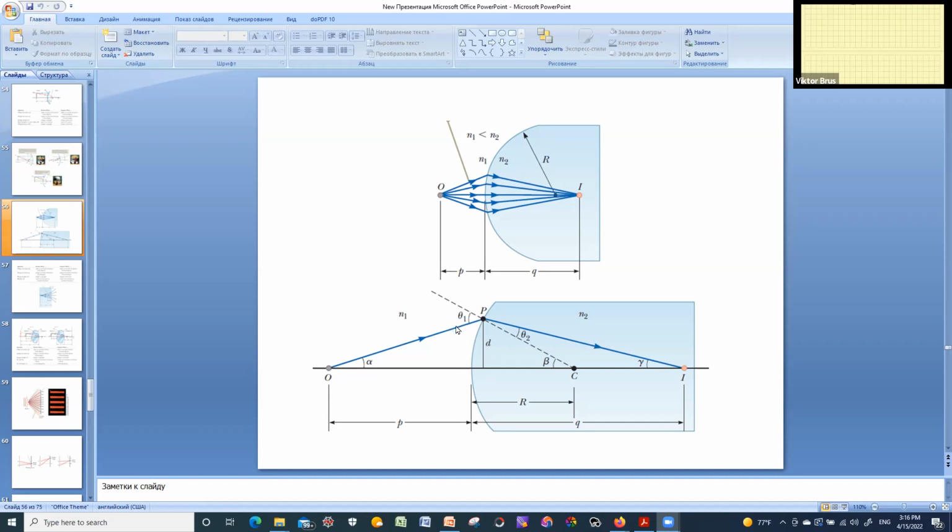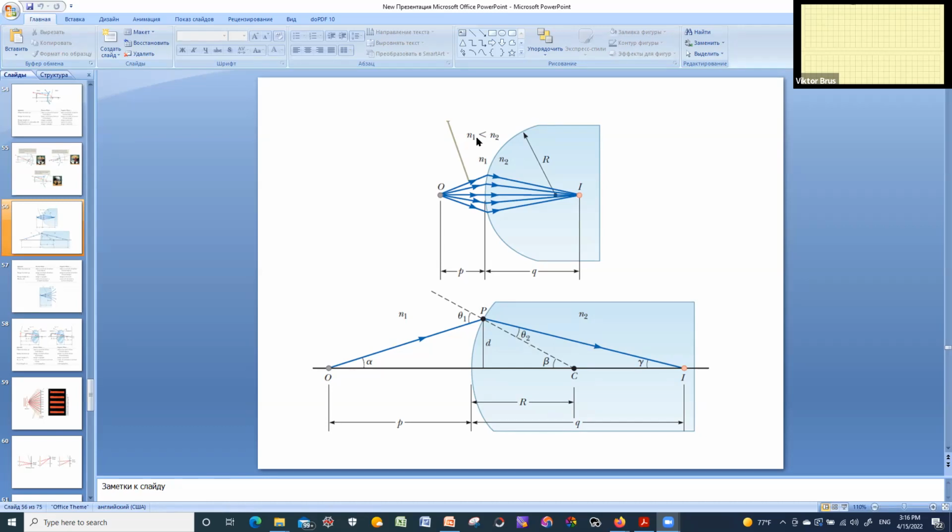So there is some angle theta 1, the incident angle. This dashed line shows us the normal to the surface at this point of incidence. And also we have the refracted angle theta 2.